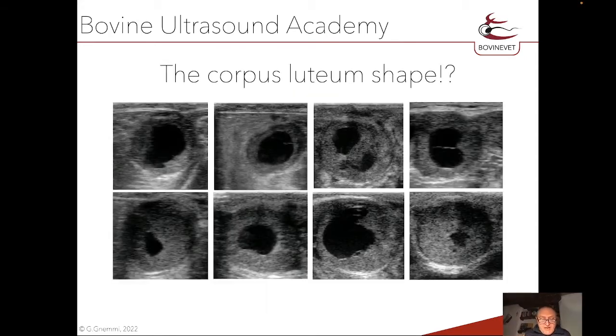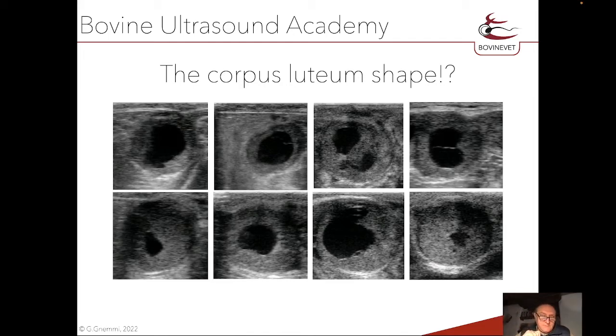Well, the shape of the corpus luteum, and in particular the shape and the size of the cavity or the cavities of the corpus luteum, should also not be considered as a factor in establishing relationships with the risk of gestation/no gestation.